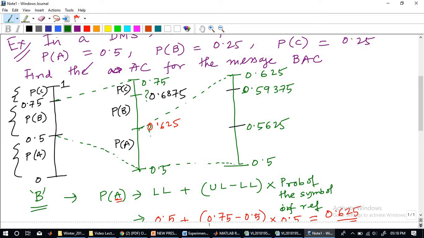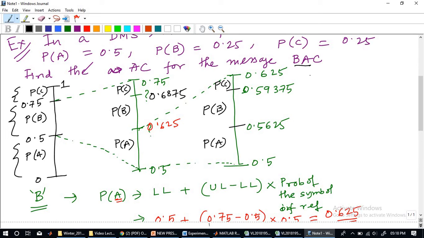So each and every time you do it, mention this as P of A, P of B and P of C, because you will soon forget about which one is what. So later on it will be a confusion. So now we are standing at this position where B and A has been taken care of. Can you complete the whole sequence for C? If it happens, what will we see?